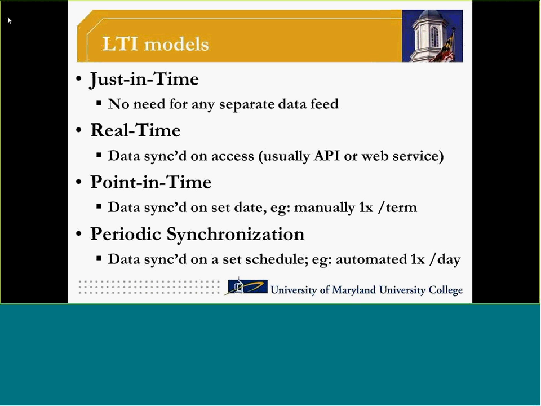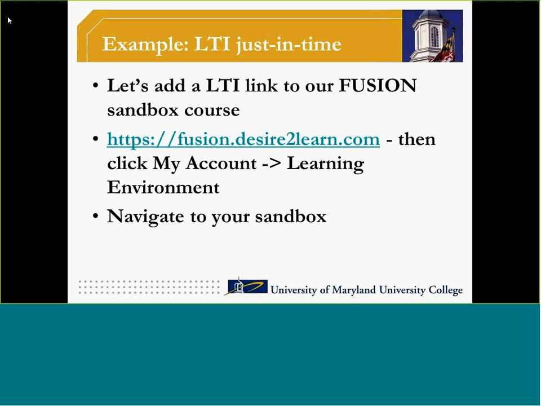However, the most common model that we use here at our university is the nightly or hourly sync of data, so that periodically throughout the day, a CSV file is generated and uploaded to the target system, or an automated process runs and makes API calls out to this third-party tool to keep that data in sync. So just be aware that you have a number of options, and you'll want to think through how you want to make that happen.